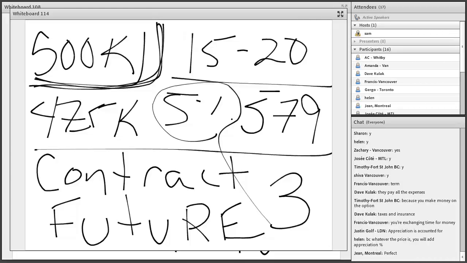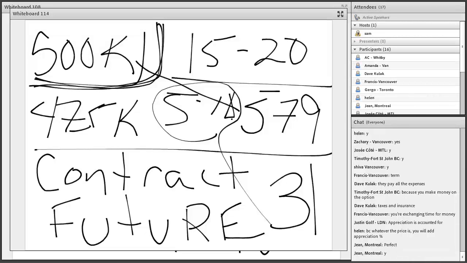So let's put in 500,000, and we say 5% over 3 years. Now the value becomes what? It's almost 579. 579,000.